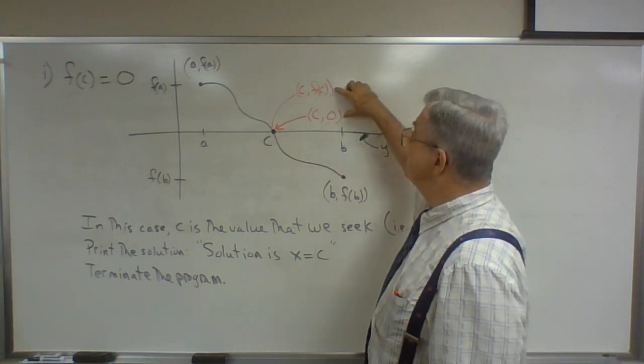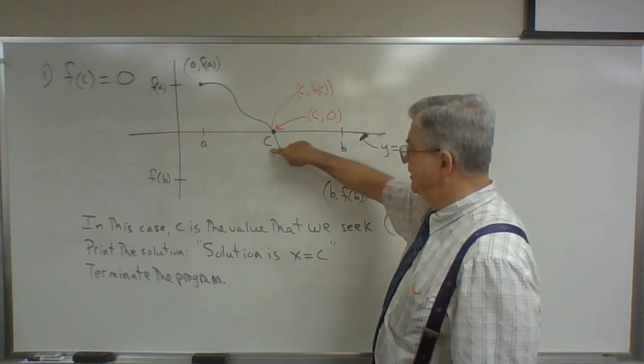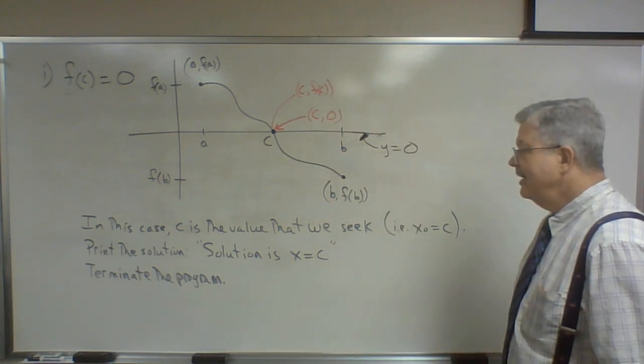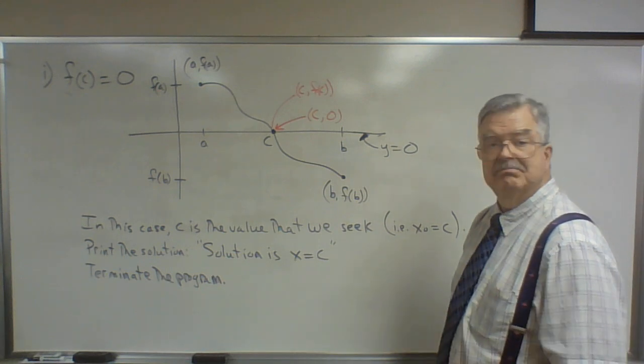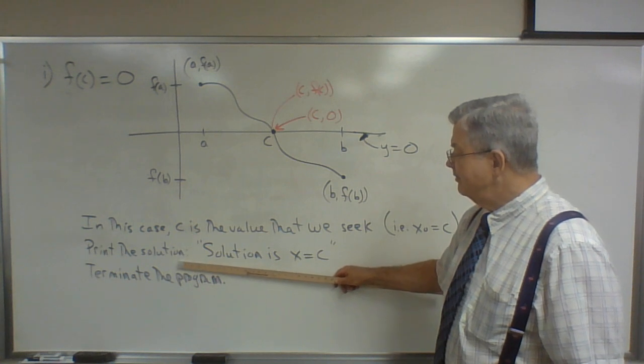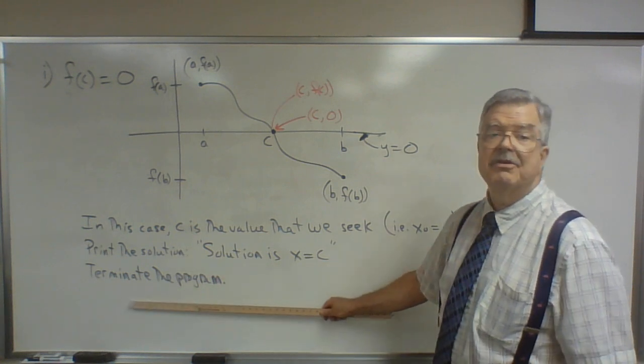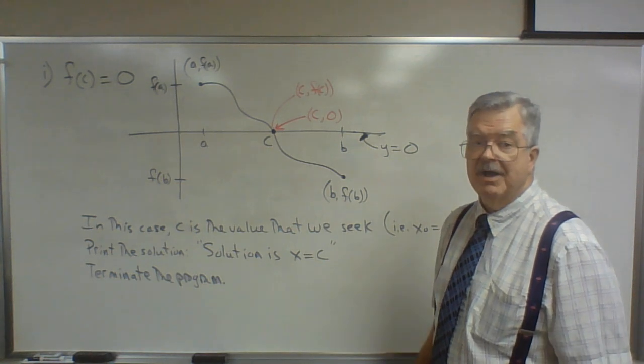They're one and the same point. This is where f of c equals 0. If that happens, we have what we're looking for. And we print solution is x equals c, and we terminate the program. We're done.